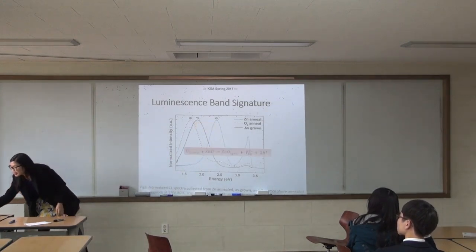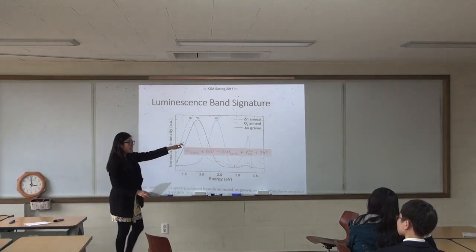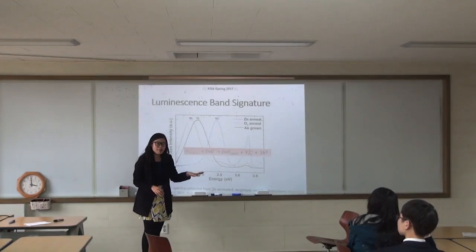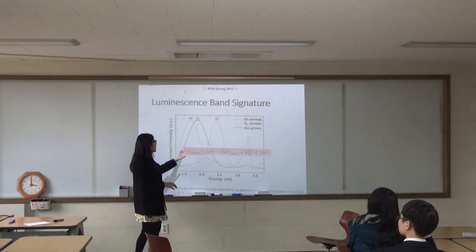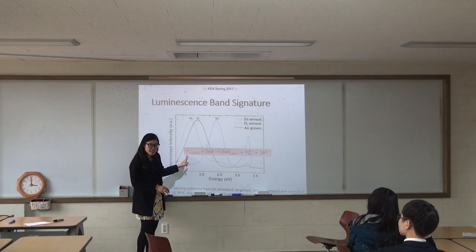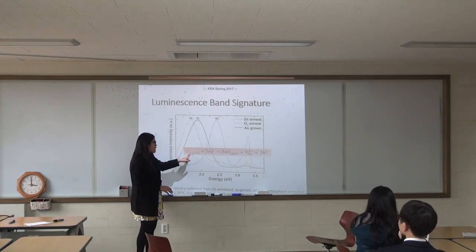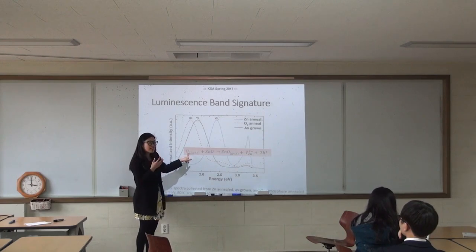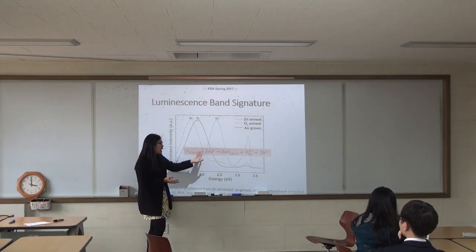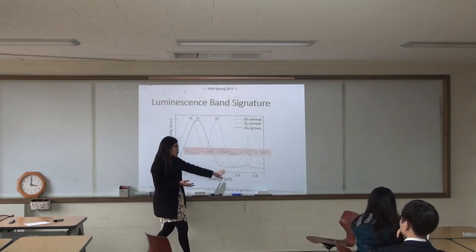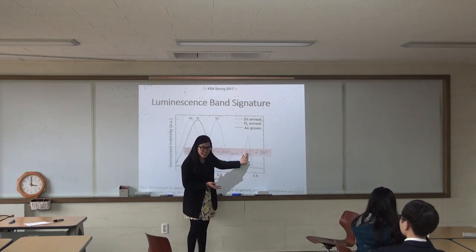But then, after I anneal in oxygen gas, in an oxidative atmosphere, what happened? It shifts to red luminescence. I proposed that this oxygen gas reacts with zinc oxide and produces some zinc vacancy.